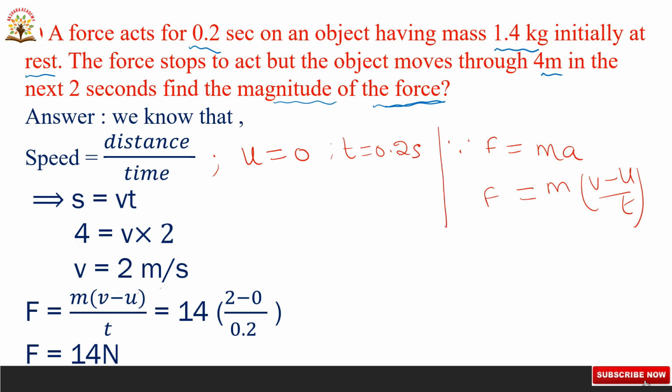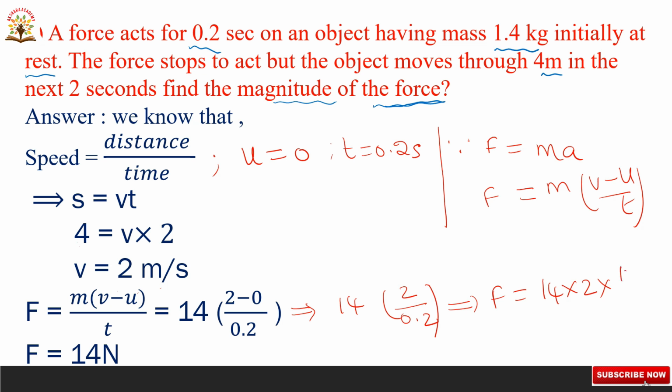So F is equal to, substituting values, 1.4 into 2 minus 0 by 0.2. So that implies 1.4 into 2 minus 0, that is 2, by 0.2. So F is equal to 1.4 into 2 by 0.2, and 0.2 can be written as 2 by 10.